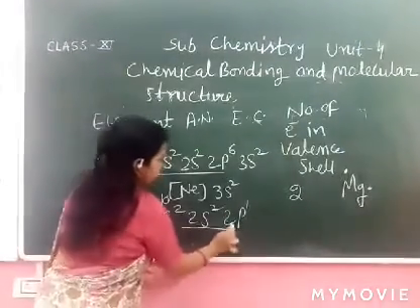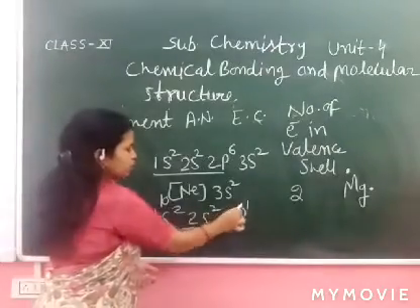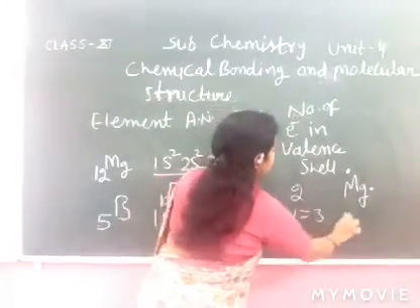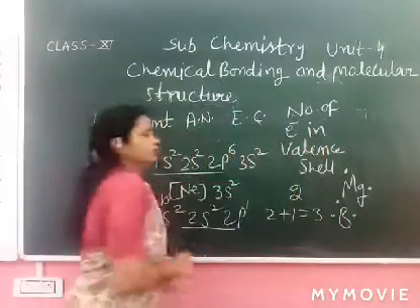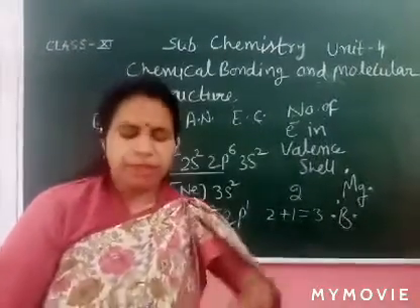How to calculate? The period number is the same, so calculate 2 plus 1. So how many valence electrons? 3. How to represent boron? 1, 2, 3 electrons. This is the symbol. Now it's clear. There are many examples.